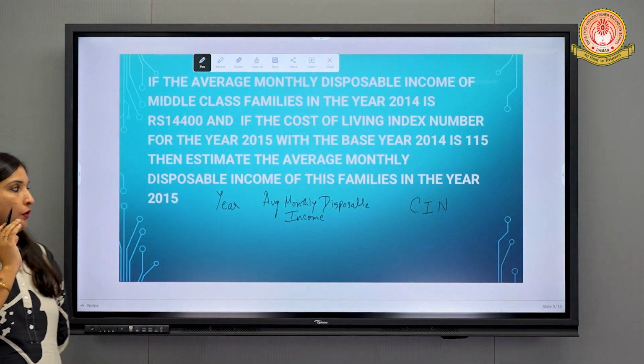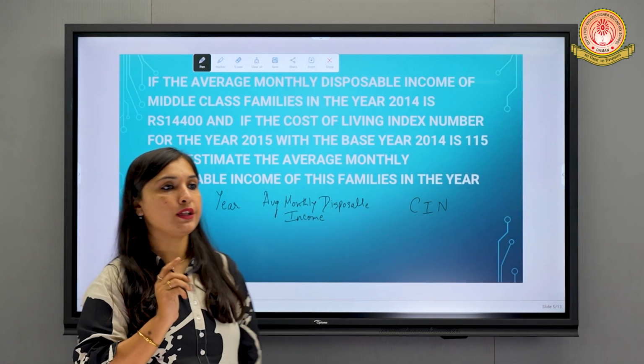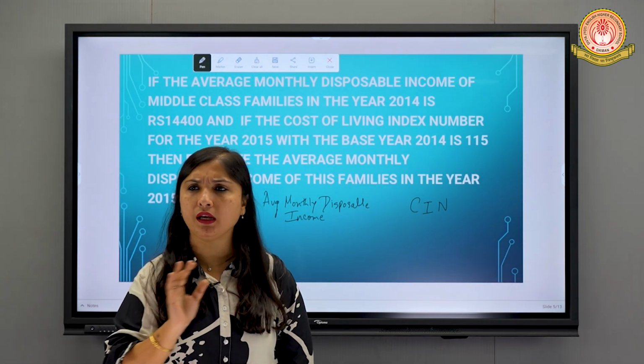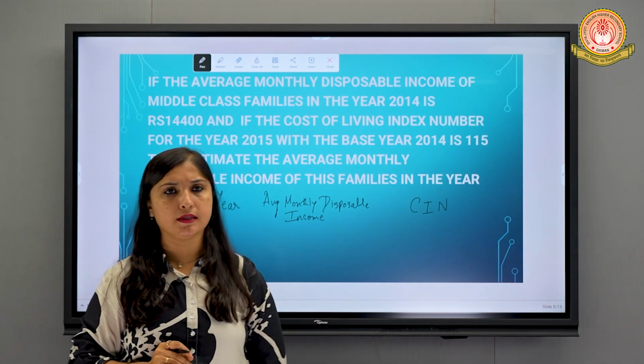Once you make this 3-column table, it will be very easy for you. You have to just place the numbers and you can find the answer.